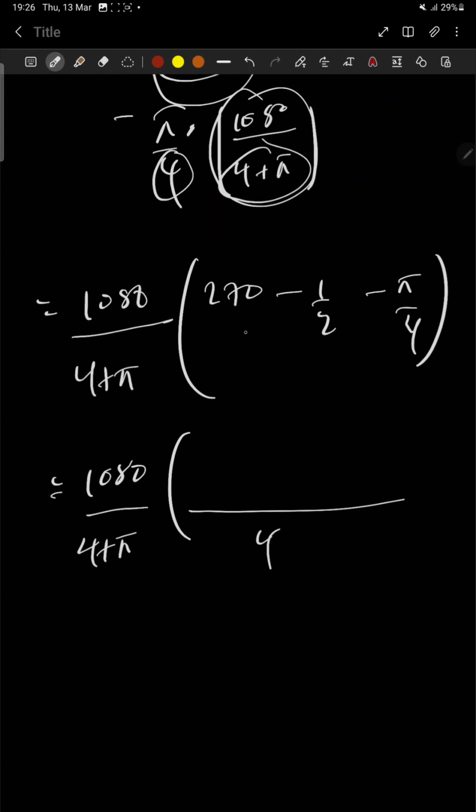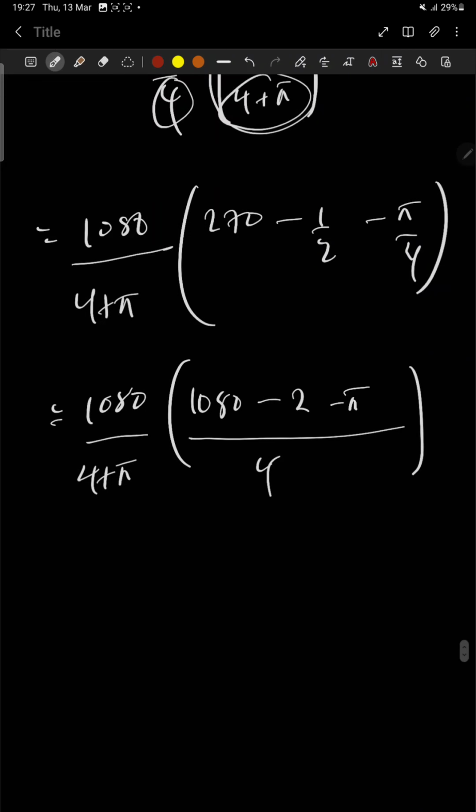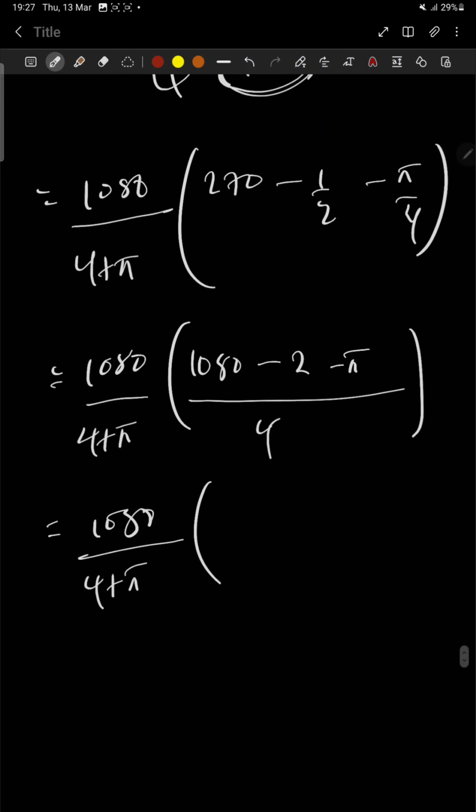4, okay. Then this will be 1080 minus 2, of course, minus pi, isn't it? Yeah, then this will be 1080 over 4 plus pi. Open bracket. We can subtract this. So this will be 1078 minus pi over 4.